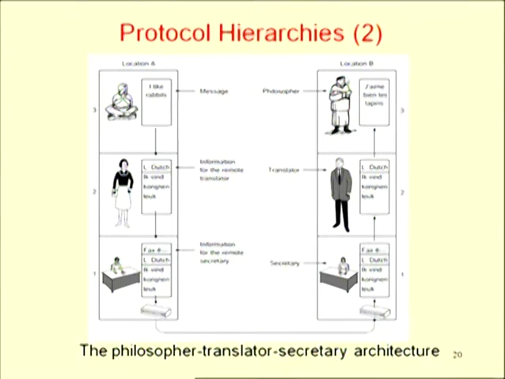Not Nepal, Germany, because Nepal uses Hindi, majorly Hindi as a language. So there we are taking a German language person and an Indian language person. So location A is an Indian philosopher who is willing to have communication with a German philosopher. So this is the German philosopher.